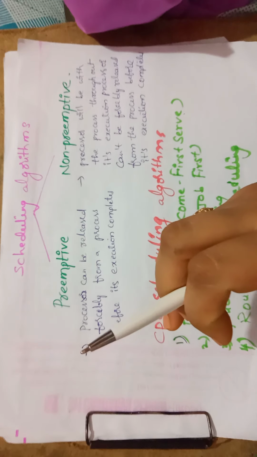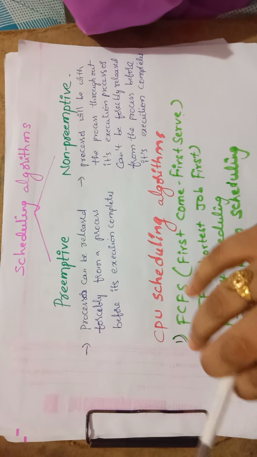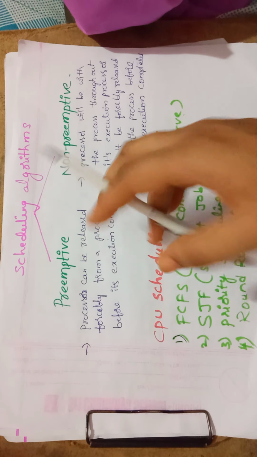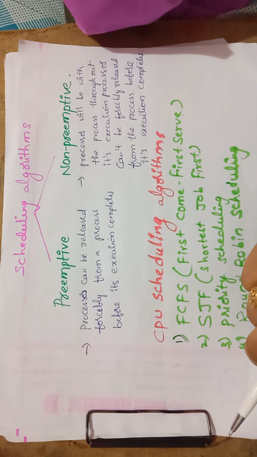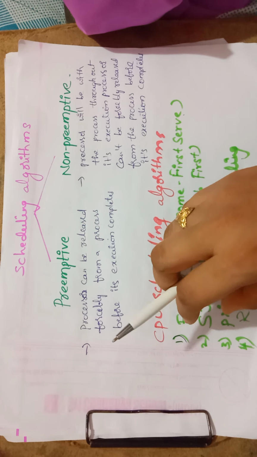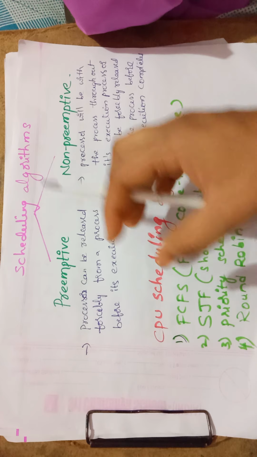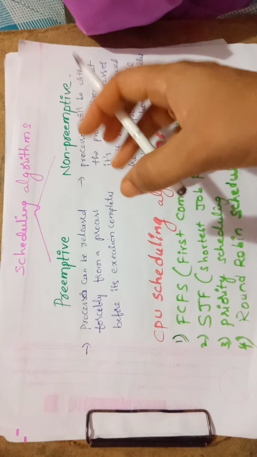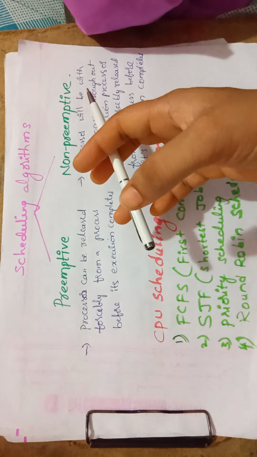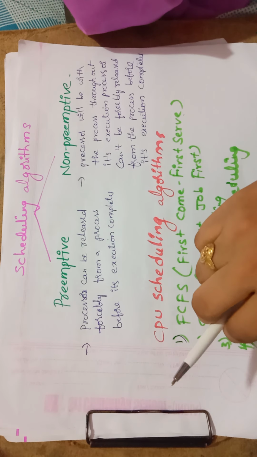Who is going to select that? The CPU scheduler is going to select the processes to execute, and by using it CPU utilization may increase. Why? Because one process need not wait for another process to complete. Instead of waiting, it will be ready for the process to complete its execution.